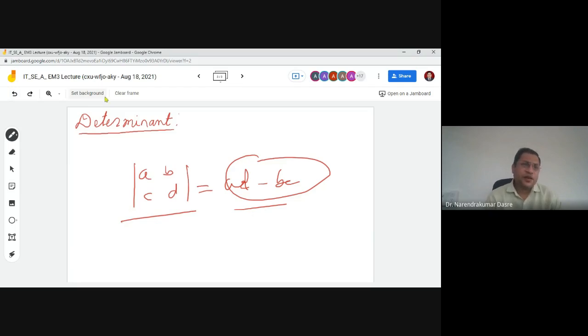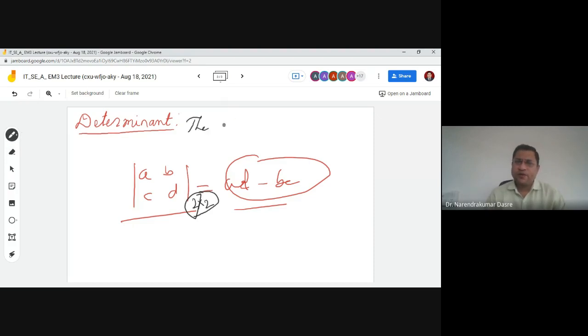So basically, we need to understand that the number of rows is equal to the number of columns. This is a very important condition. Then this is the scalar value, but not of the matrix. So we don't have to relate the matrix to this.